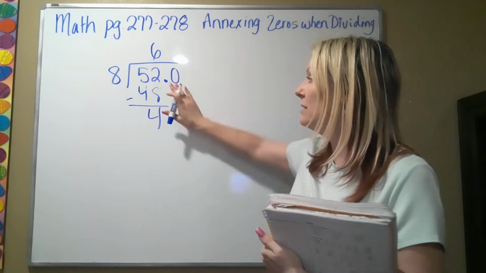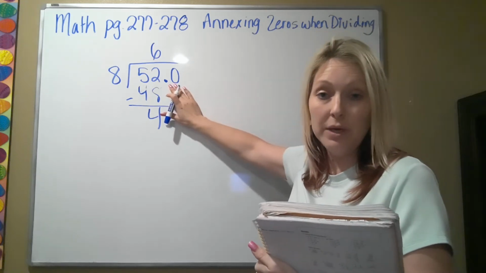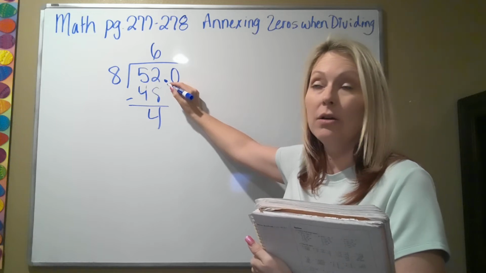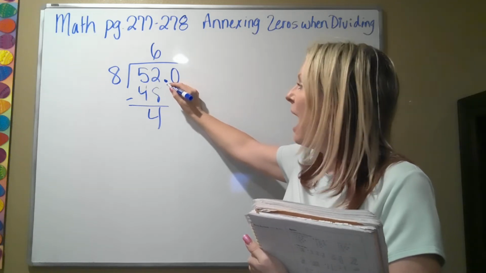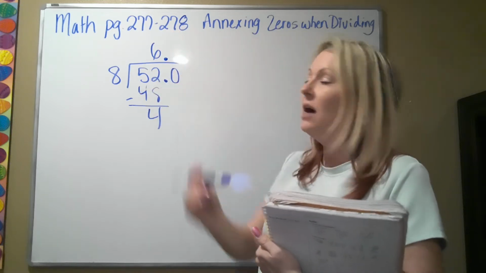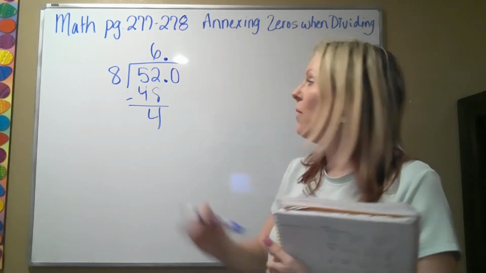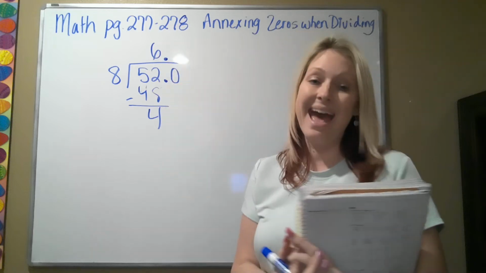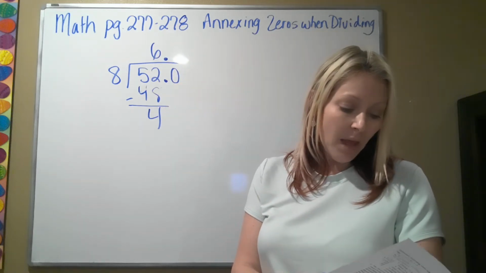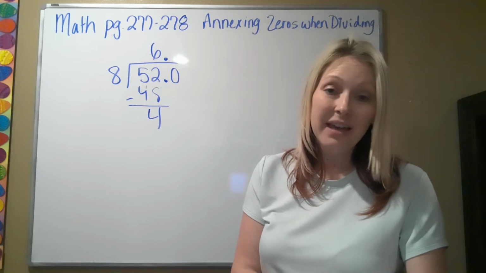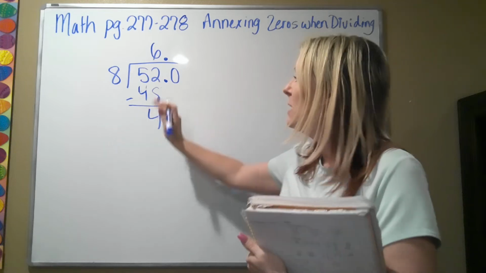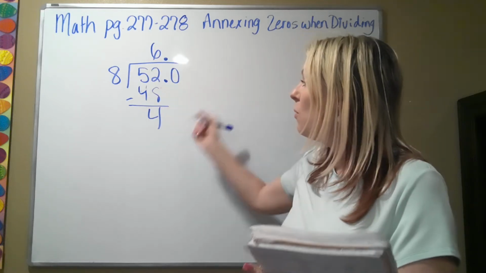So I'm going to add a 0 here and a decimal. Now remember, we learned yesterday or the day before, when dividing, if you have a decimal point in the dividend but no decimal in the divisor, you go straight up and add it in. So we go straight up. Now, what do I do?